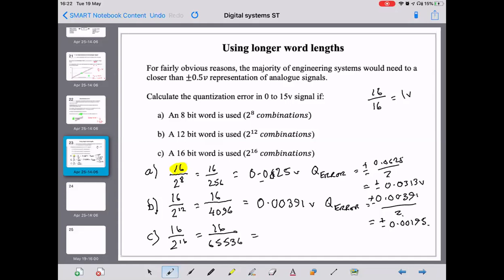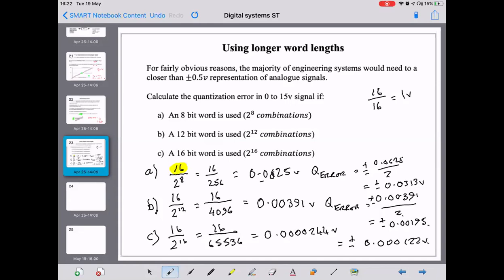I got 0.000244 volts, and that's the step size. Divide that by 2, you get 0.000122, which is the error.